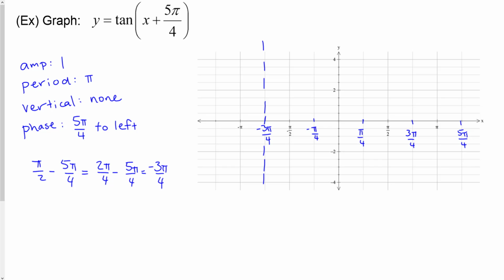Now, I know where that asymptote is, and I know that the period of tangent is pi. So that means pi units to the left and to the right of this asymptote are going to be the next asymptotes. So if I go from negative 3 pi over 4 plus pi, got to work with common denominators here.